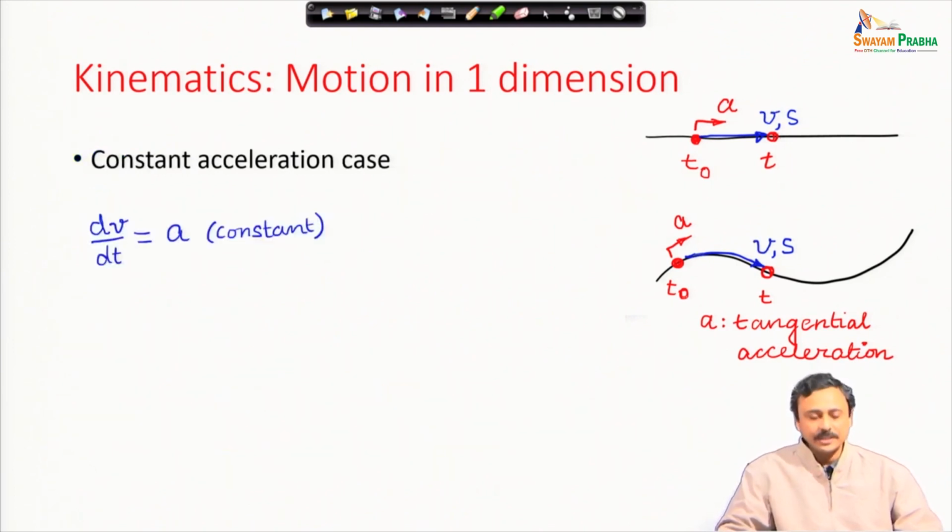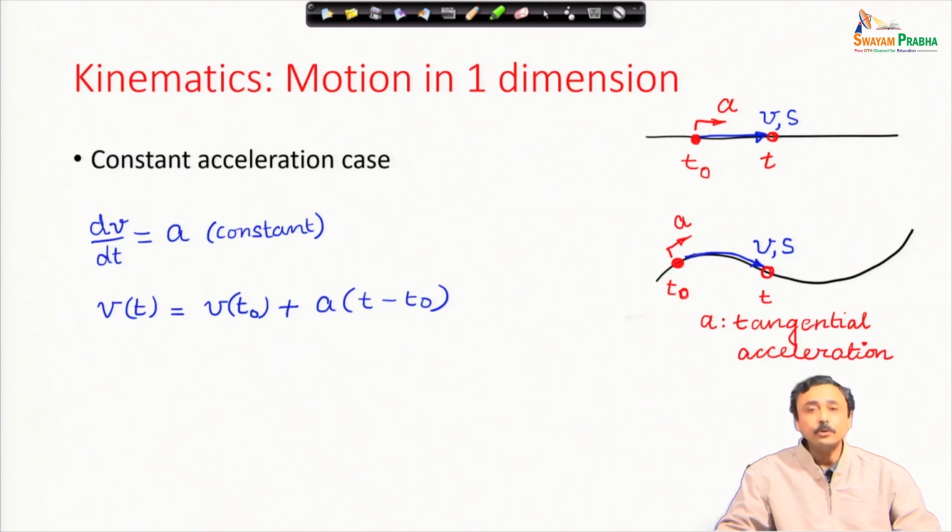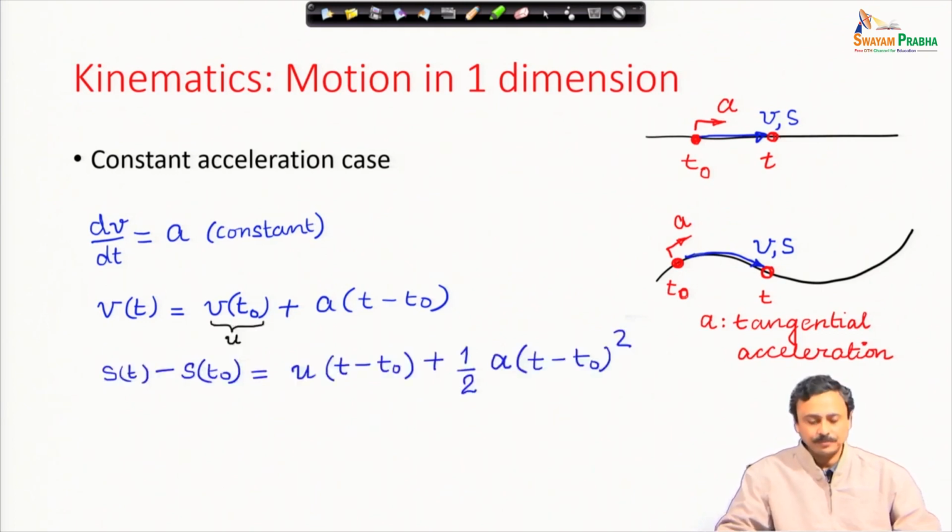Now, when you have constant acceleration, you know that acceleration is defined as dv/dt, the derivative of velocity with respect to time. You can integrate this equation once because acceleration is constant, and what you have is v as a function of time is the velocity at time t equal to t0, plus acceleration times t minus t0.